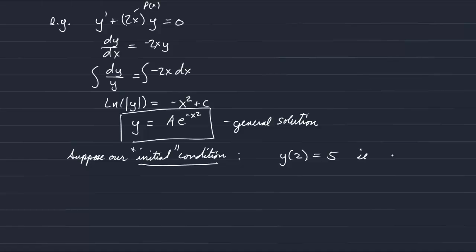That is, y evaluated at point a is equal to b, where a is equal to 2 and b is equal to 5.